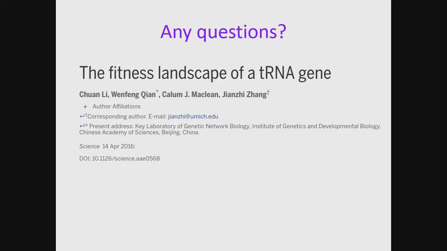Plenty of time for questions. Missed it, but did you see any difference in the average fitness for mutations at the GC pairs and the AT pairs in the regions that form pairs?